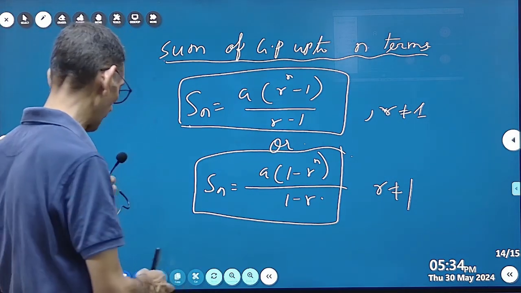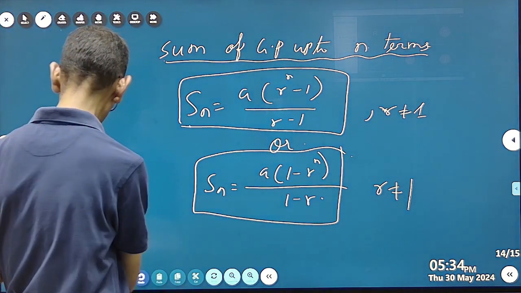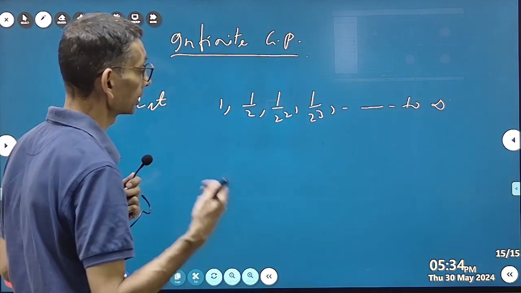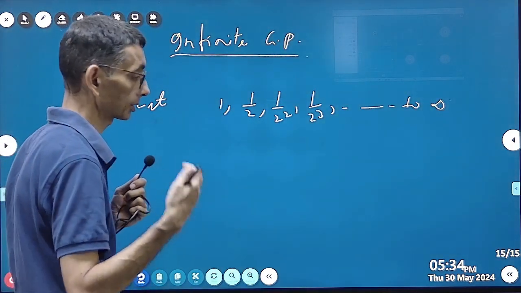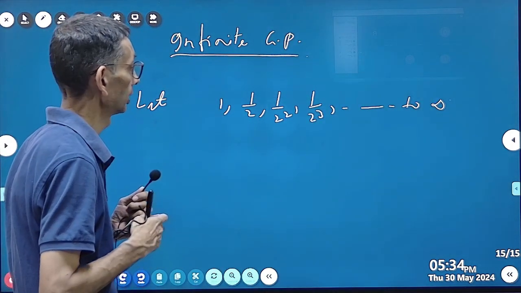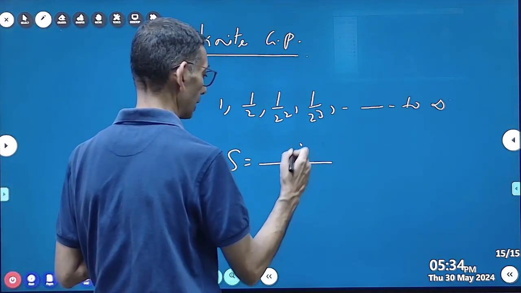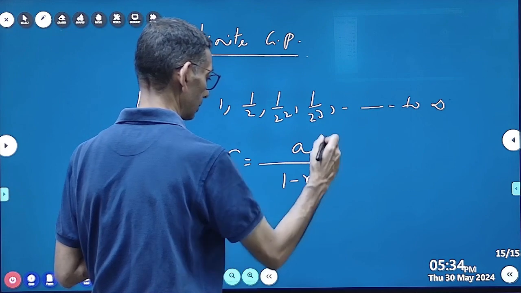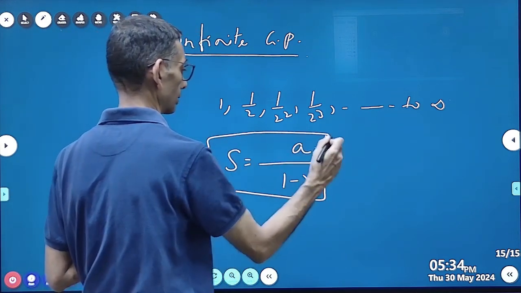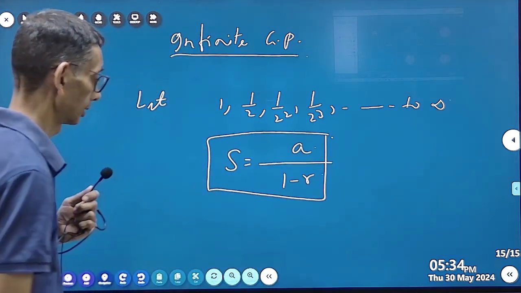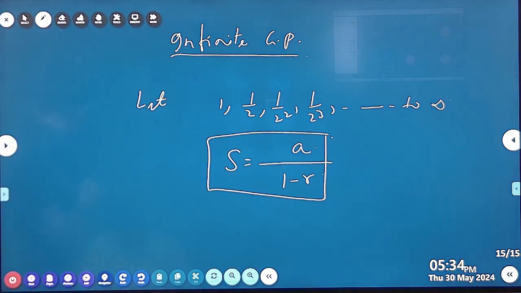But if you have to add a GP which will definitely not come to an end, up to infinity, how to add this? For an infinite GP, the formula is S is equal to A by 1 minus R. The formula is much easier than the previous formula.